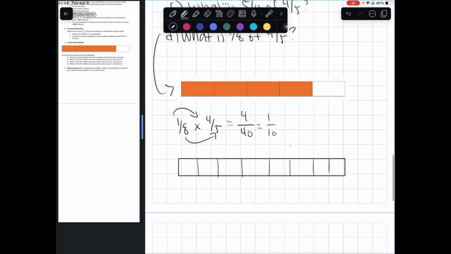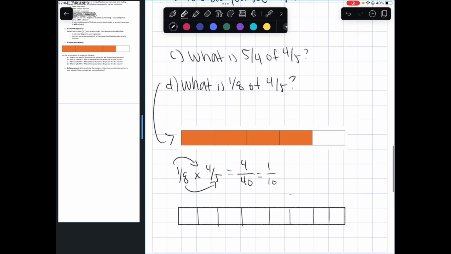So what we're going to do is, actually, I don't want to break them into 40ths. Let's think. How would we see 1/8 in this picture? Honestly, the only way that I can really think about it is just breaking it up like I did.